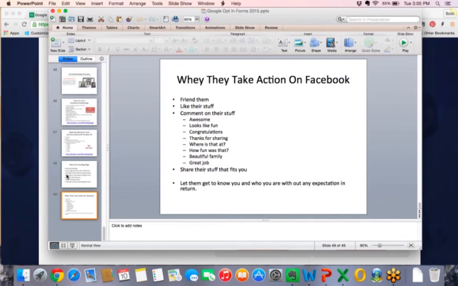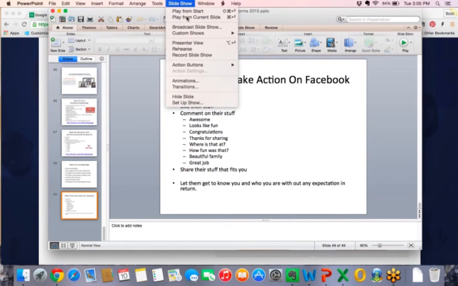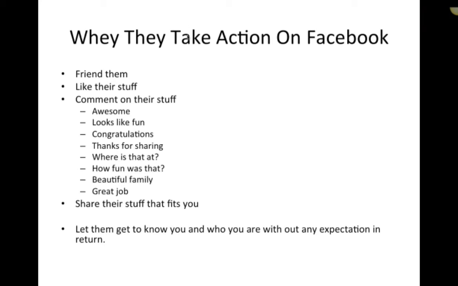One thing I want to cover: when people like your page or you get an email saying somebody has taken action on your page, here's some stuff you could do to help you go deep with them and interact with them. One is you want to friend them.